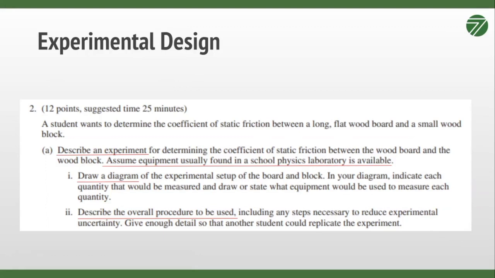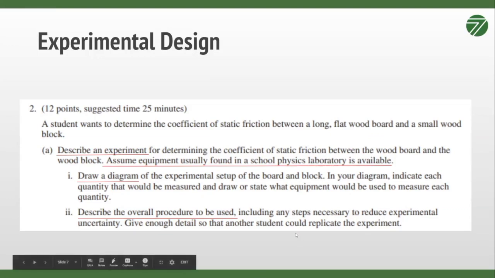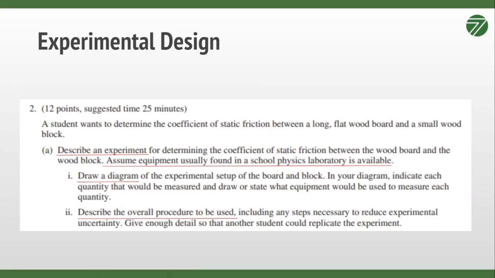It's allowed, but it's also okay to explain in paragraph form or in a narrative what you would do or what the experimenter would do, going step by step through this procedure. So you'd set up this wood block, and you'd put weights on top of the wood block and drag it or whatever. But you basically explain, I'm going to do this and then I'm going to do this, and that can be in numbered steps or not.